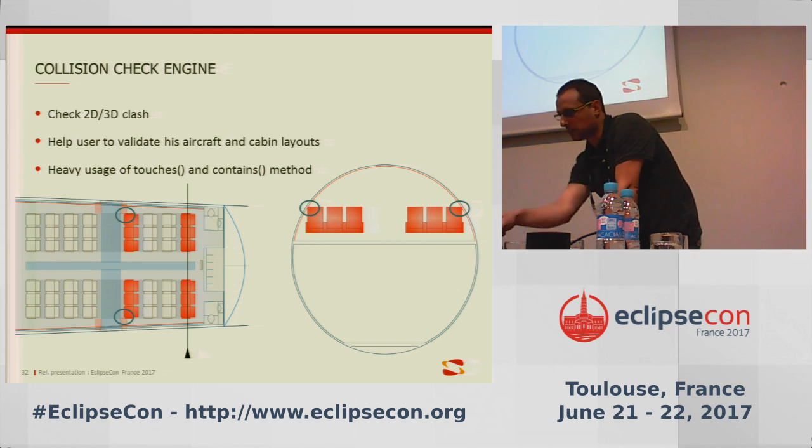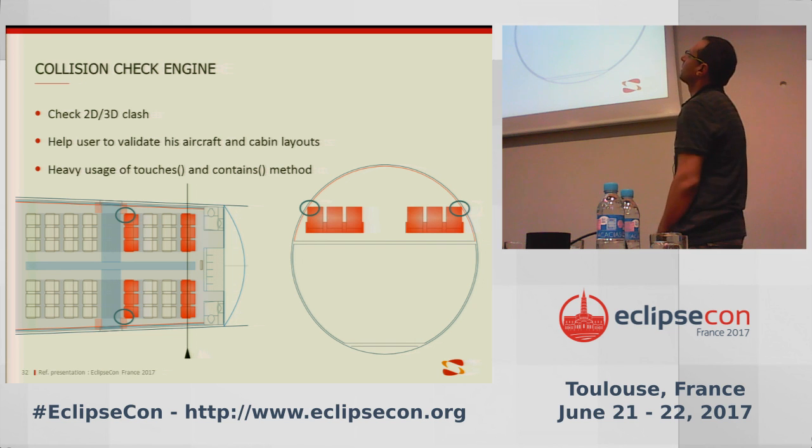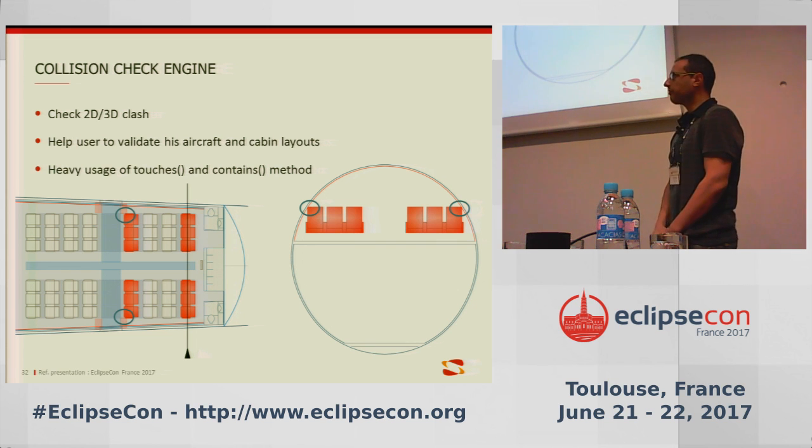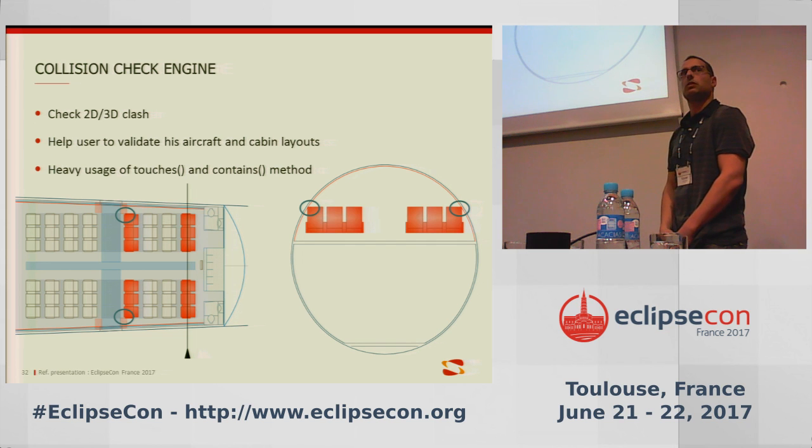Like you can see for the rear seats, on the 2D view, you don't see that the seat is out of the fuselage. And with this check, you can see on the front view that it is a little outside the fuselage. And for this, we use a lot the utility methods provided by the geometry plugin of GEF4.